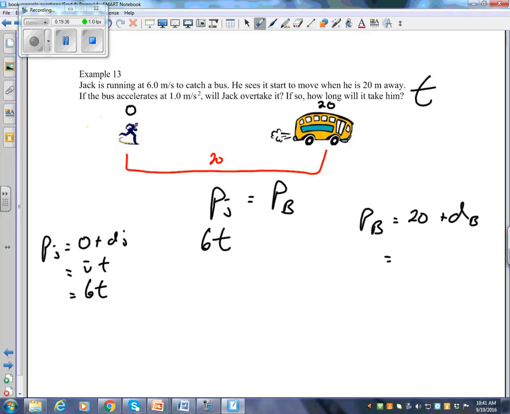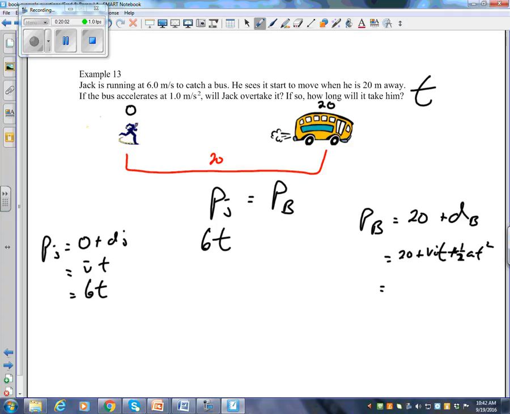This one is accelerated, right? So it's going to be 20 plus VIT plus 1/2 AT squared, because it's accelerating.